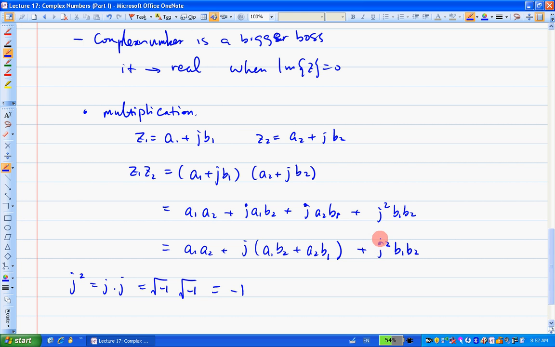So you can replace this with -1, and the original becomes A1 A2 minus B1 B2 plus j times (A1 B2 plus A2 B1).